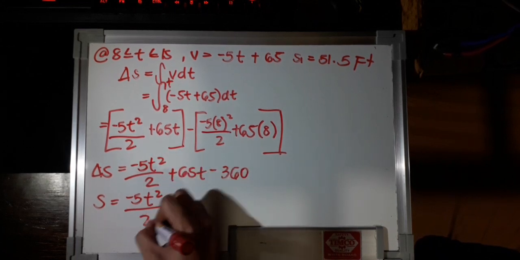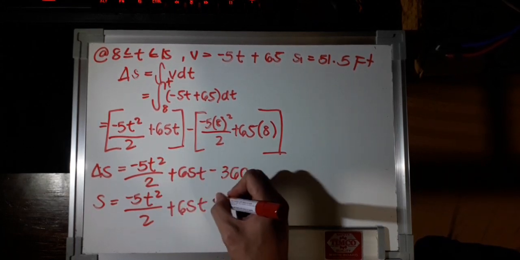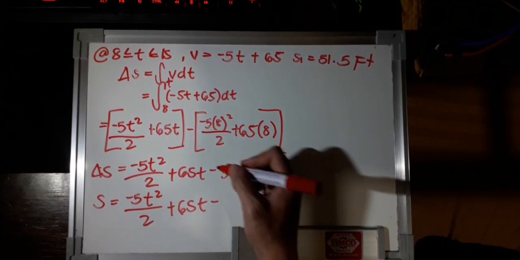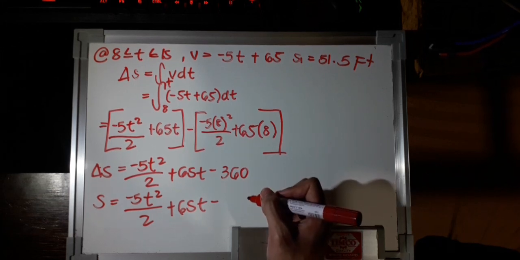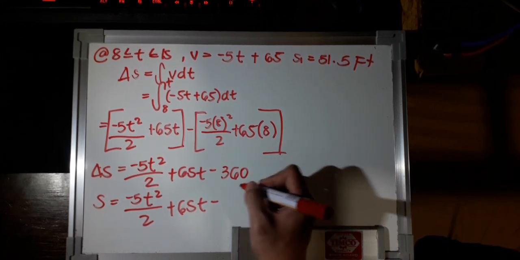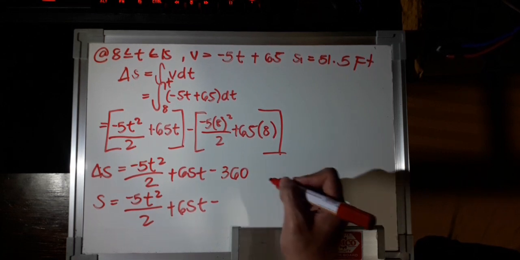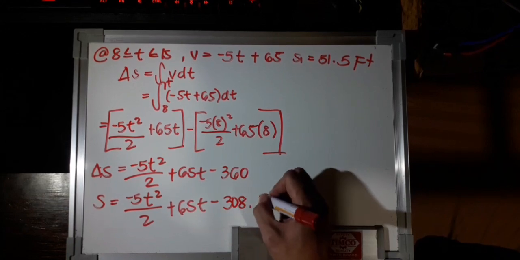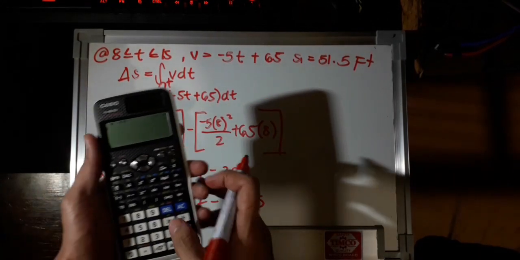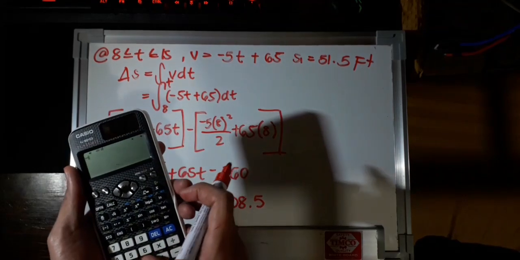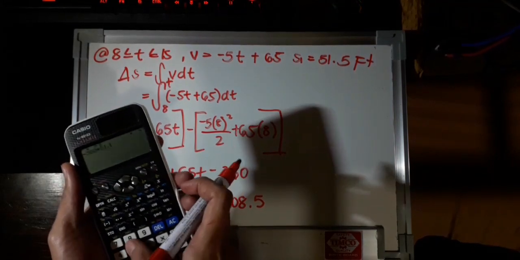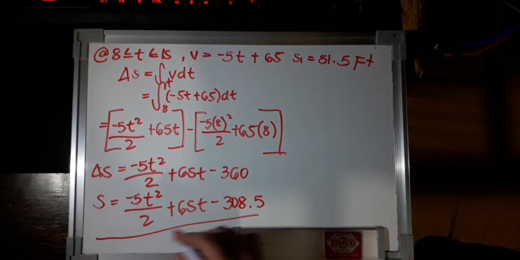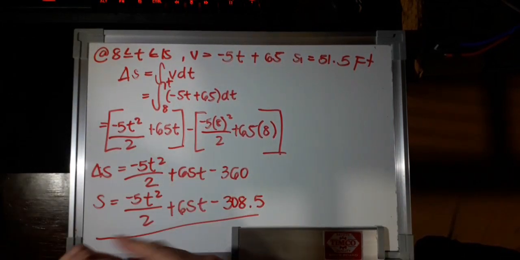So negative 5t squared over 2 plus 65t minus 360 plus 51.5, that is minus 308.5. Check naman natin. Negative 360 plus 51.5, tama, negative 308.5. So ito na yung value natin for position.